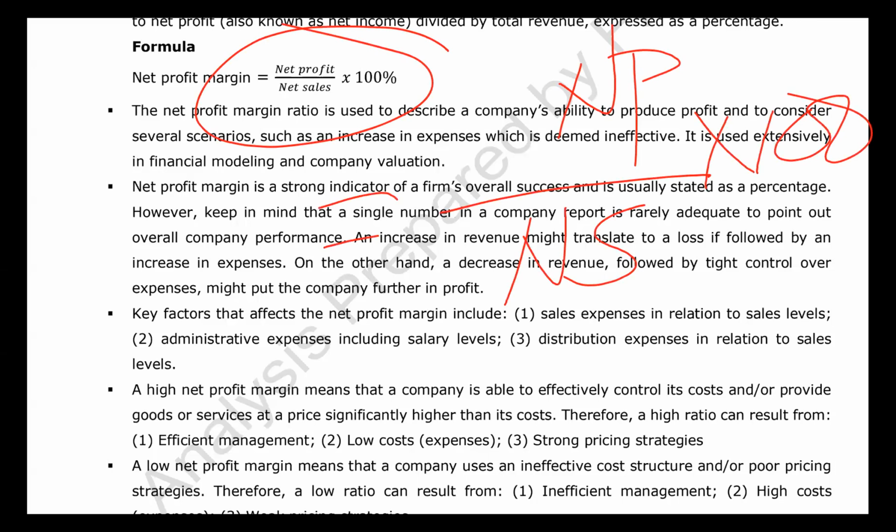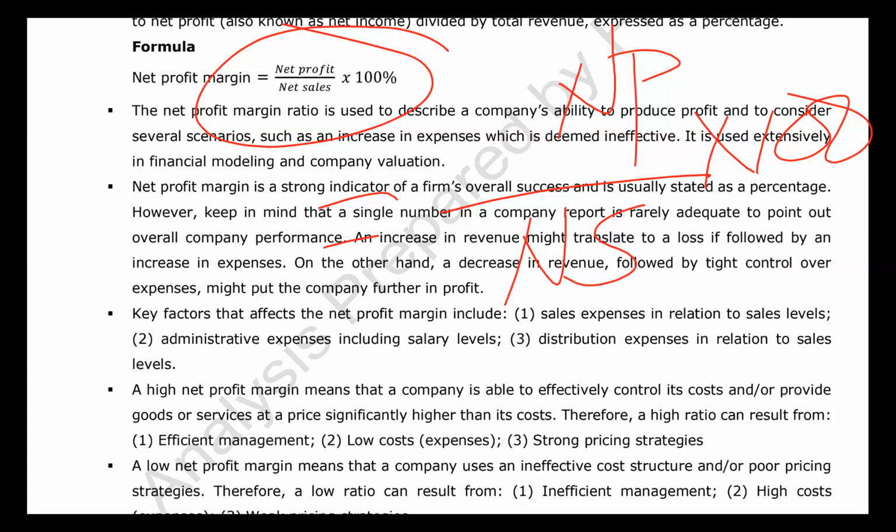This one is used to describe the company's ability to produce profit and to consider several scenarios such as an increase in expenses, which is deemed ineffective, all right? So you see that in net profit, we also consider the expenses. But in gross profit, just from the knowledge that you have from accounting, we don't consider the expenses.